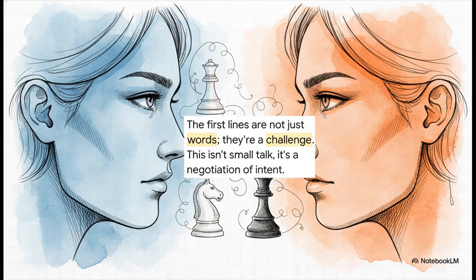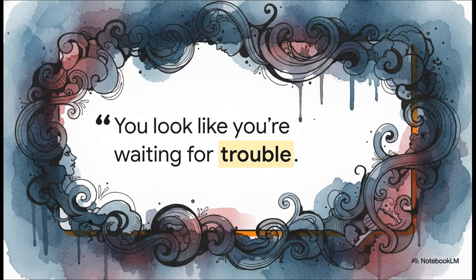And then, when they do finally speak, wow. You have to notice how this dialogue is dripping with subtext from the absolute first line. This is so not small talk. It's more like a verbal chess match. I mean, listen to Lena's opening line. It is so provocative, right? On the surface, it's an observation, sure.